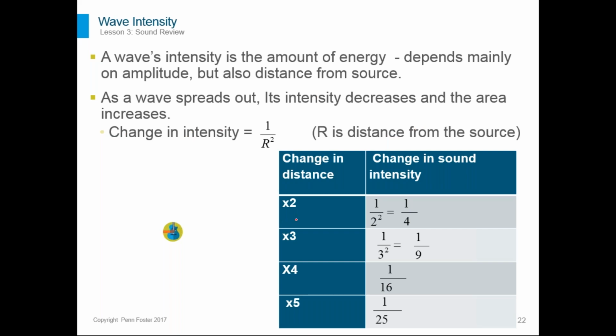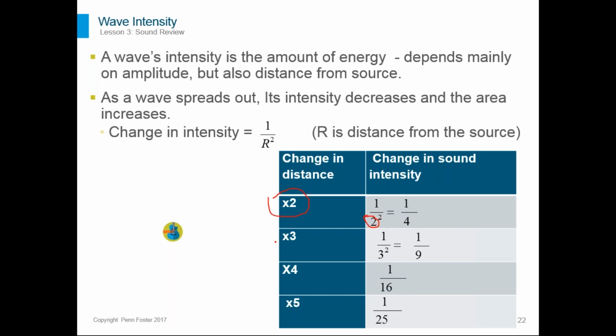If the change in distance is twice, so we're doubling the distance, say it was 5 meters away, now it's 10 meters away, that's the number that we put in the formula. We've made it twice as far, so we're putting in a 2 for the r. So the change in sound intensity will be 1 over 2 squared. And 2 squared, 2 times 2 is 4, so you get 1/4.